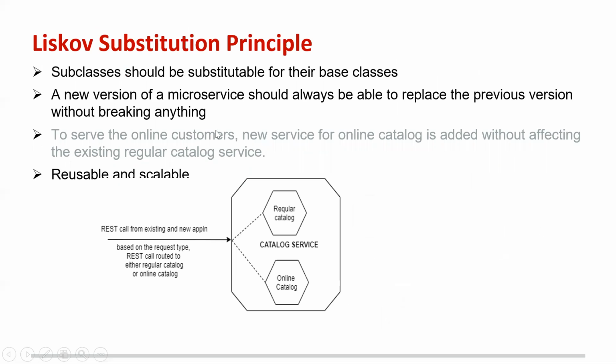And then the third principle is the Liskov substitution principle. This also we have an idea about, as our professor explained it. Whenever we are designing inheritance, like we have the base class and subclass, the subclass function should be substitutable for the base class functionalities.